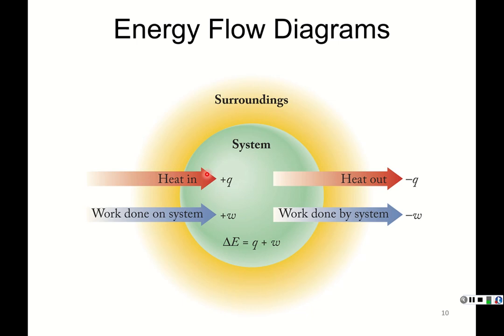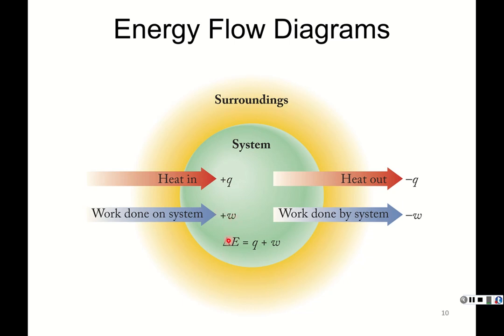So if you have the system gaining heat from the surroundings, heat is represented by the small q. That would be a positive value of heat, positive q value. If work is being done on the system by the surroundings, the work is a positive value.